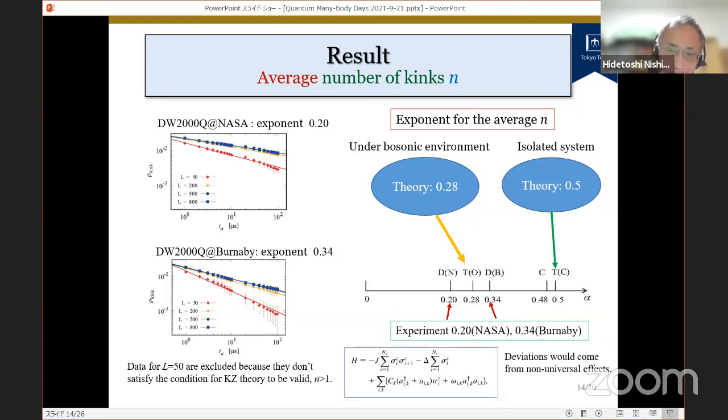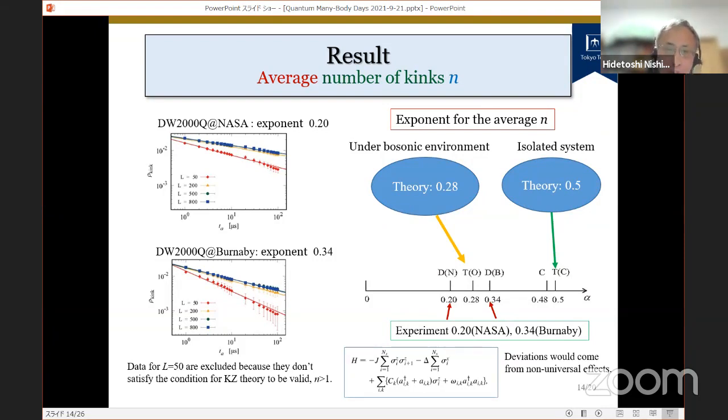But we claim that these differences between the theory for the system with interaction with the environment and the experimental values are non-universal, in the sense that they depend on the system. They depend on the chip we did the experiment on.